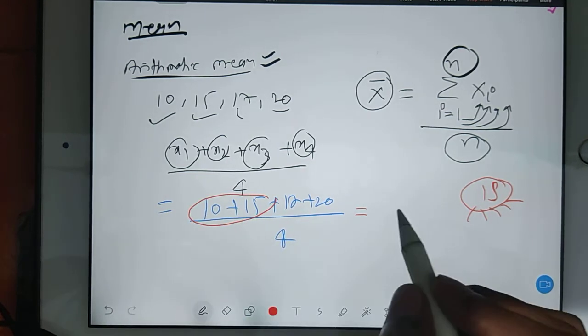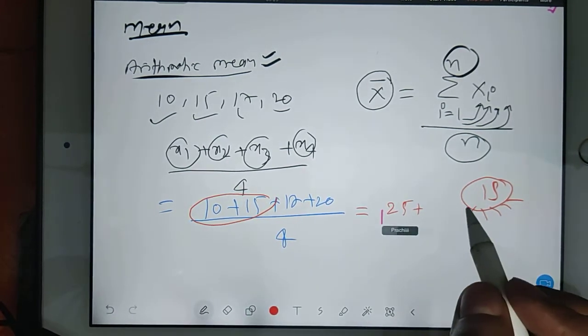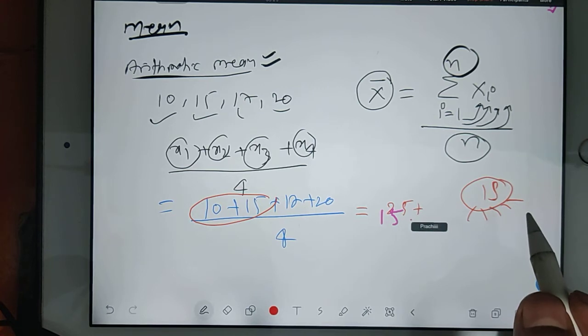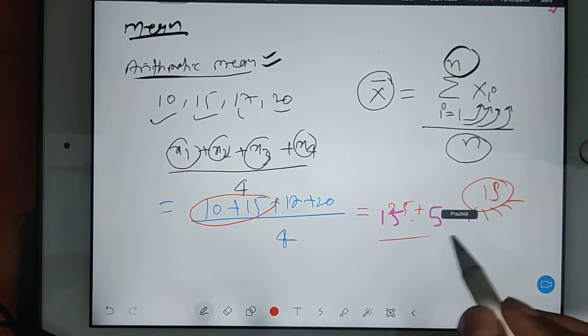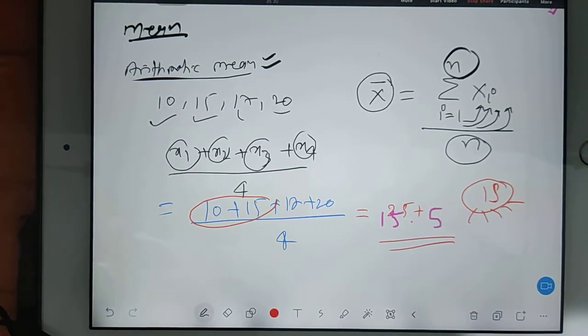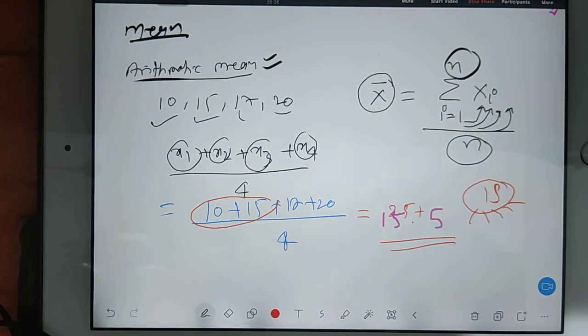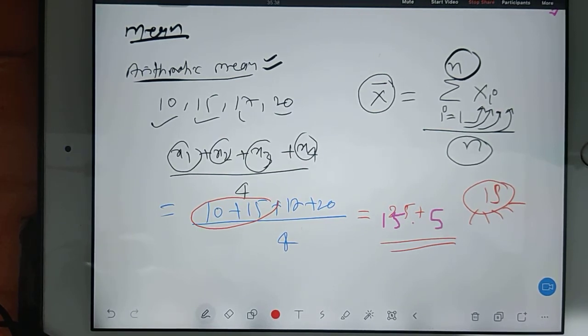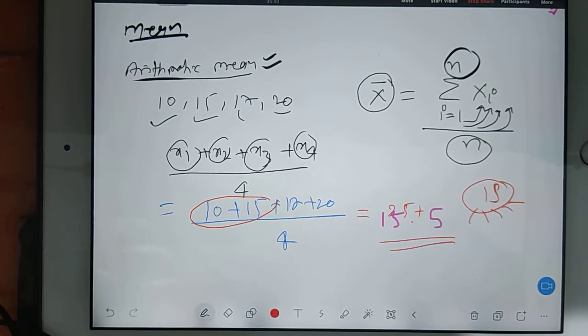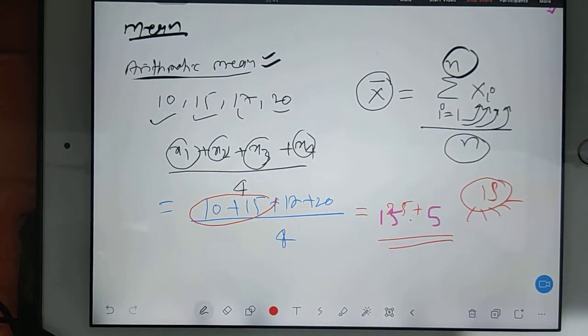This is 62 and divided by 4, it is 15.5. Okay guys, so 15.5 is the right answer.